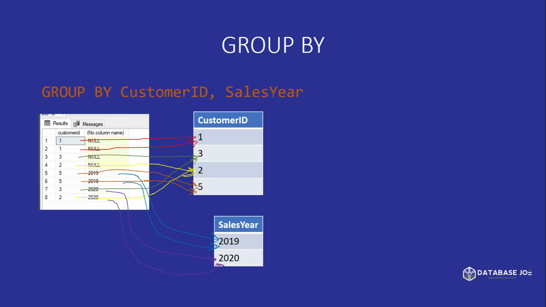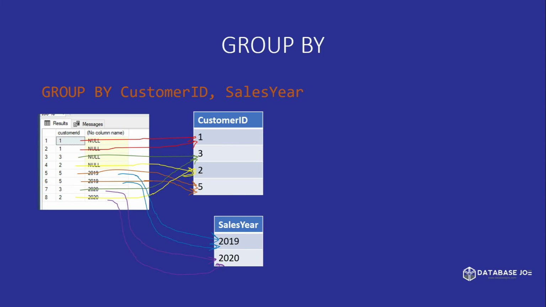What the GROUP BY is essentially doing is looking for all the repeating values and then grouping them into one group. So the 2 1s become one group, the 2 3s become another group, and so on. It's the same for the sales year. The 2 2019s become one group, and the 2 2020s become another group.